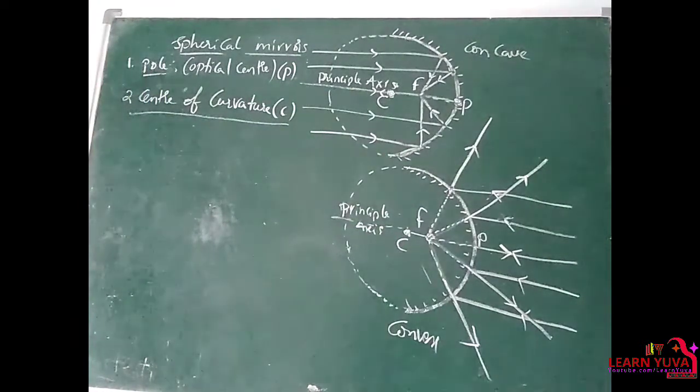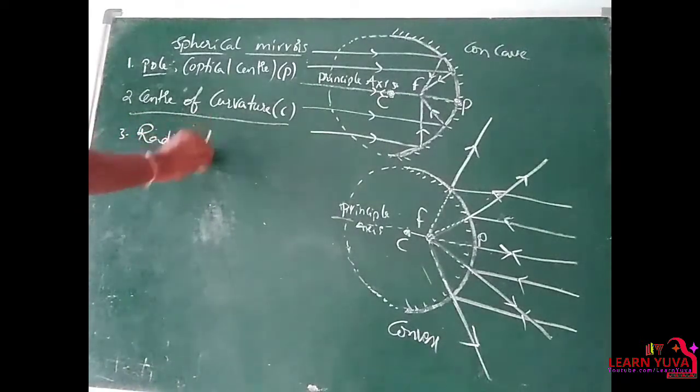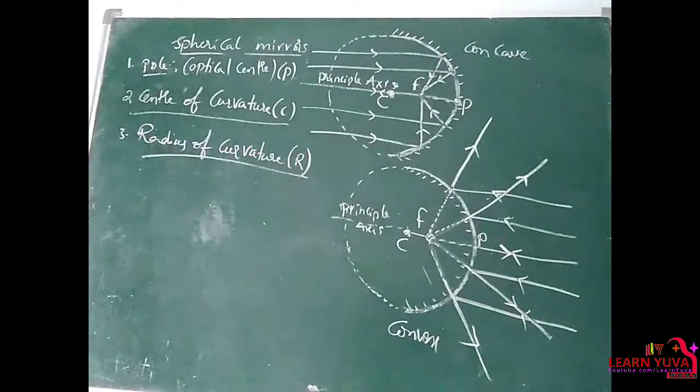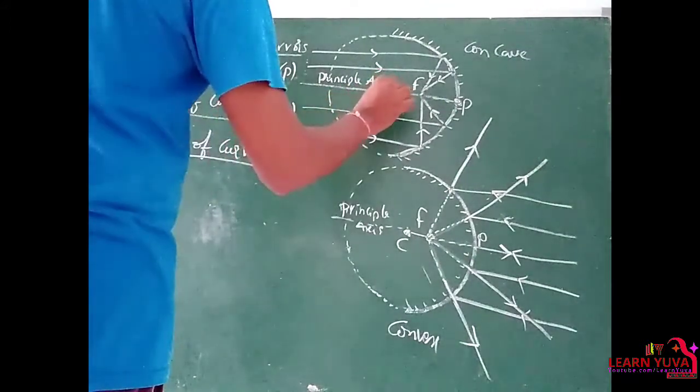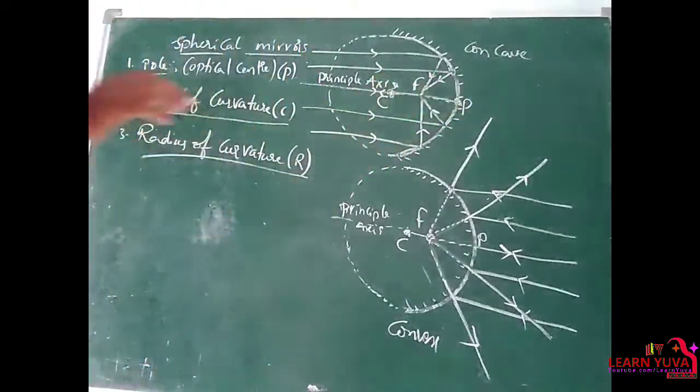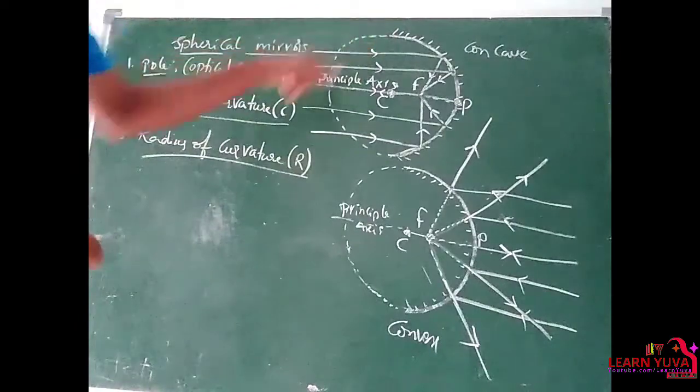And next one is radius of curvature, denoted by R. Radius is the distance between the center of curvature and the pole. Imagine it is a circle.